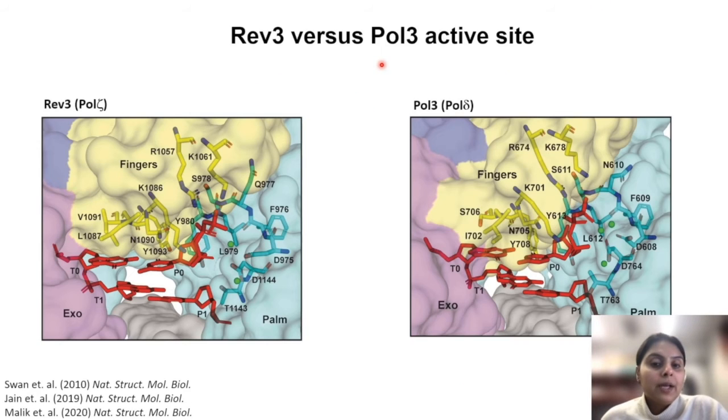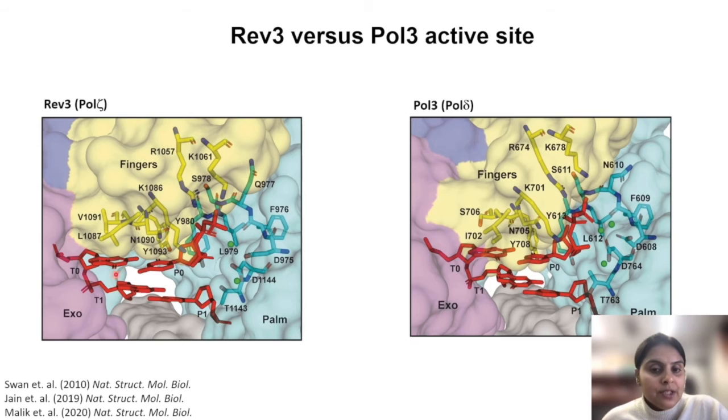So if we look at the high resolution details of Rev3 and compare that to a high fidelity polymerase, Pol 3, which was also resolved in our lab using X-ray crystallography, we find that the active site architecture and the residues surrounding T0, P0 are actually quite similar to Pol 3, thereby telling us that the features that impose high fidelity during the nucleotide incorporation step are quite conserved and similar to a high fidelity polymerase.